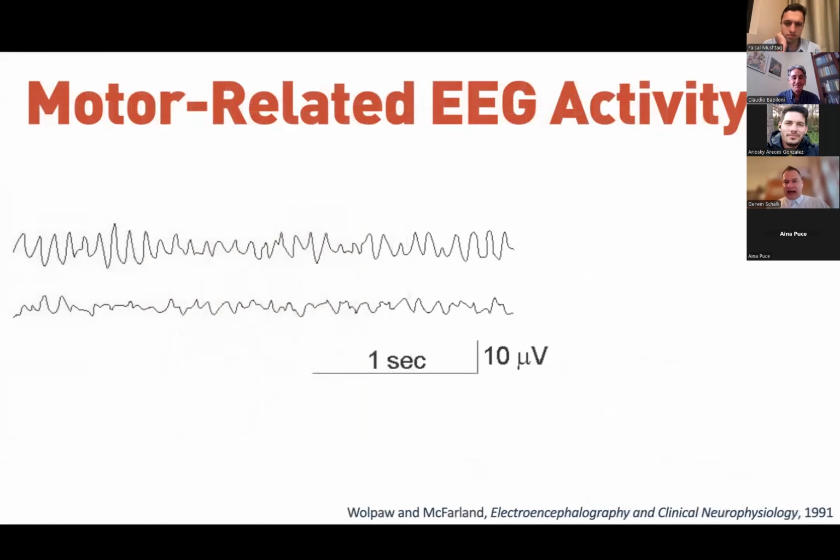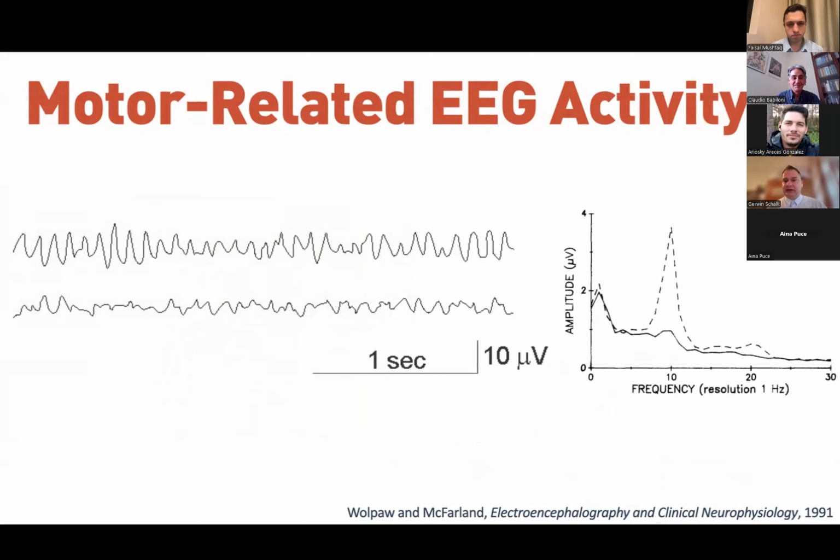This then obviously started to be applied by all kinds of scientists. So this is an example from Wolpaw and McFarland. This is BCI-related work looking at the mu rhythm that you can see on the top when the person is not moving, and when the person is moving the hand in this case, you see this rhythm disappear.